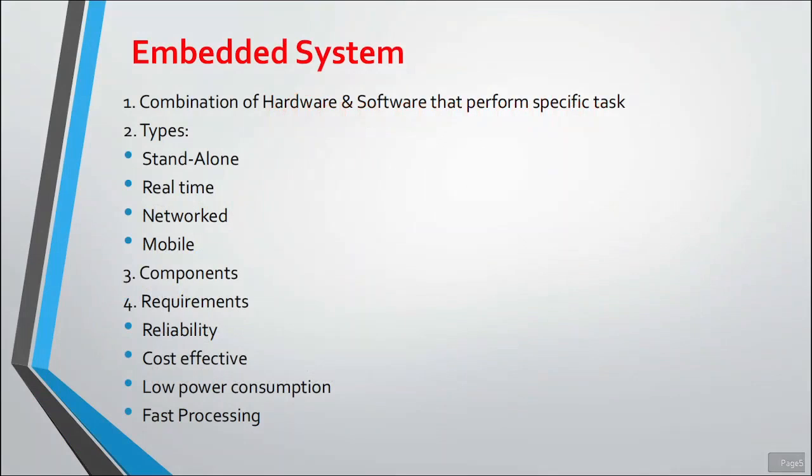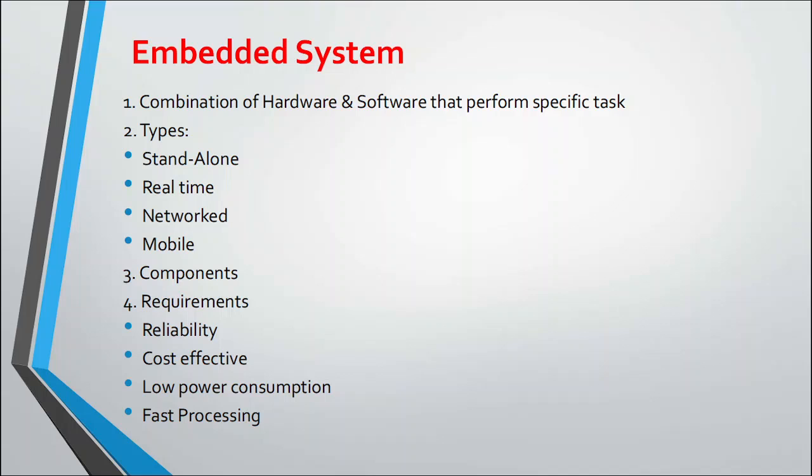Next, they taught us about the embedded system. Now, what do you mean by embedded system? An embedded system is a combination of hardware and software that performs a specific task. The types of embedded systems are listed below, like standalone, real-time, networked, and mobile systems.